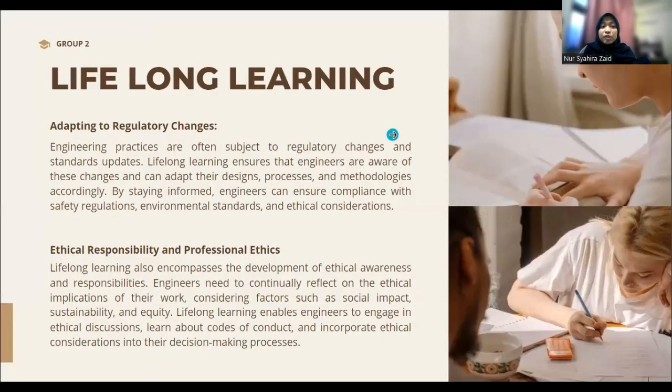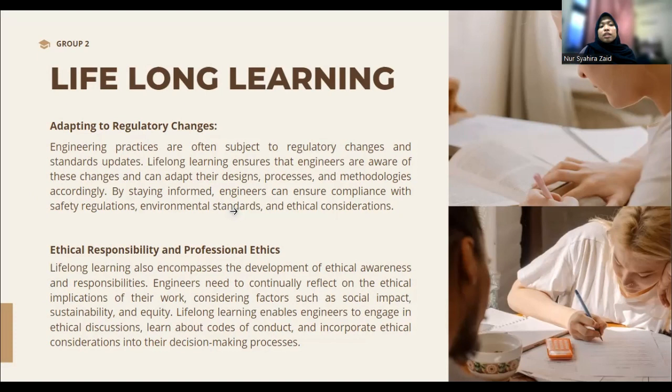Okay, this part is about lifelong learning, which is related to the engineer and also the society itself, where we can adapt to regulatory changes and practice ethical responsibility and professional ethics. First and foremost, for adapting to regulatory changes, engineers can practice lifelong learning, which lets them adapt their design processes and methodologies accordingly.